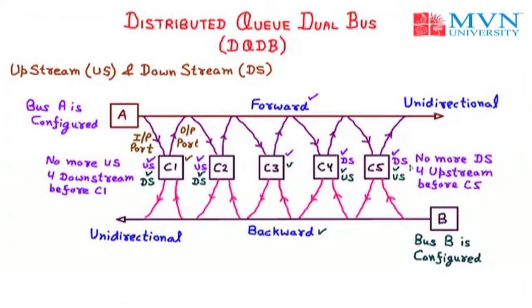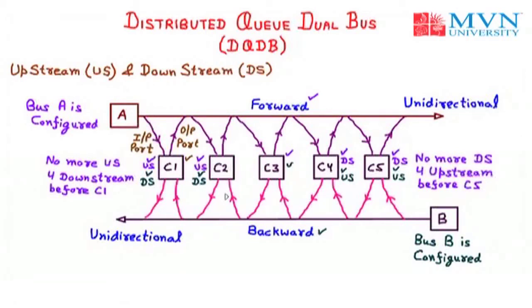Now we'll discuss the working of DQDB. Under the working of DQDB, the head generates fixed cells in both directions, and to transmit, a host must know whether the destination is to the right or the left. If it is to the right, the host must send on the left bus, and if it is to the left, the host must send on the right bus.